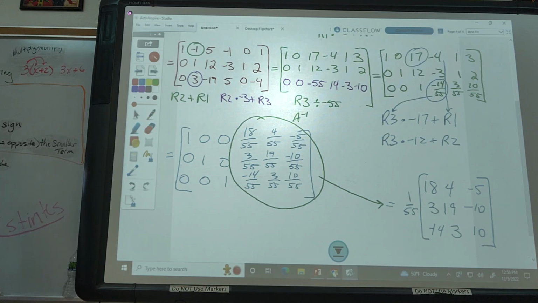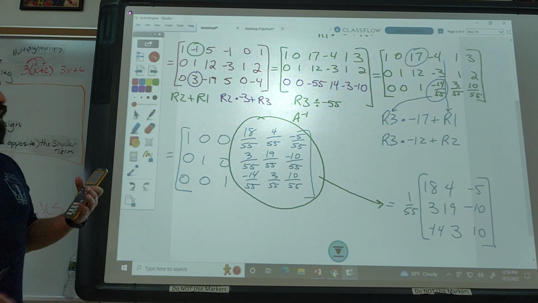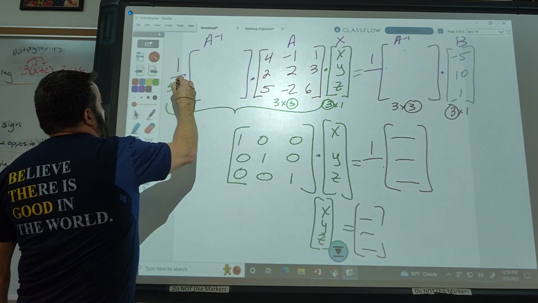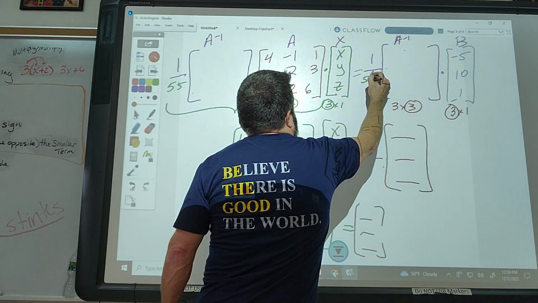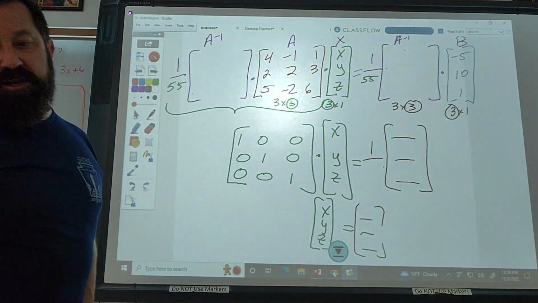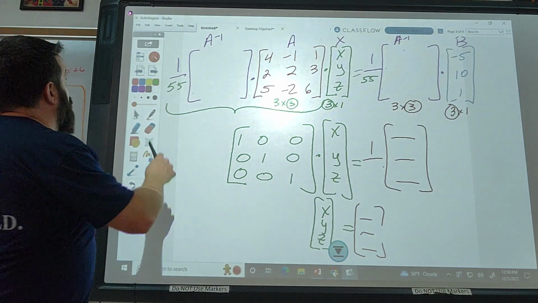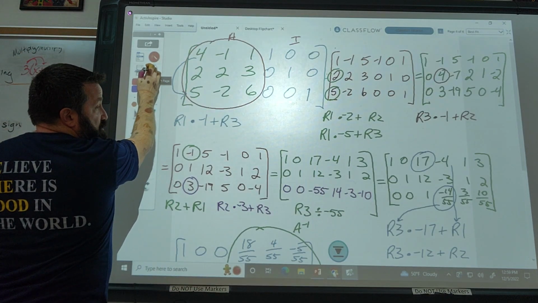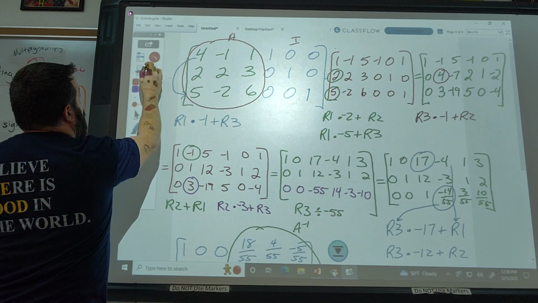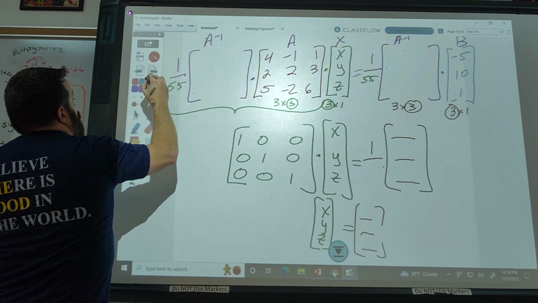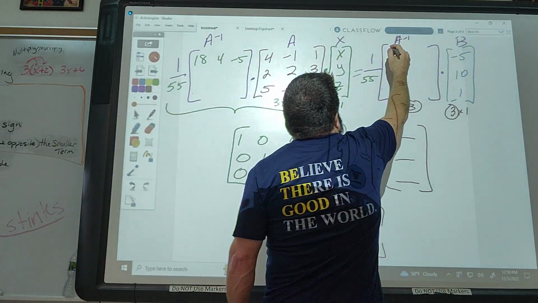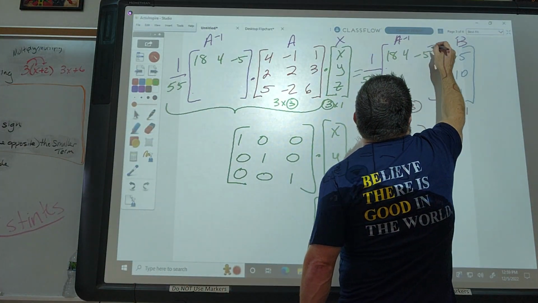Okay. So now here's where finally the payoff is. I go back to this other screen, and 55 goes here and here. The numbers on the inside were 18, 4, negative 5.